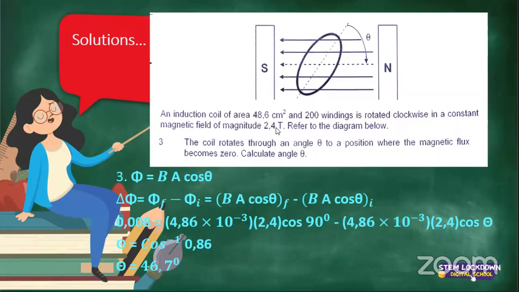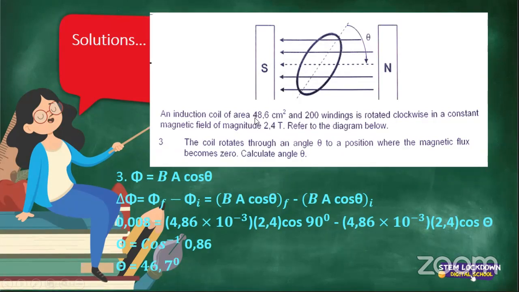So that will be how to do it, because one might be asking, you have 48,6 centimeters squared, why are we writing 4,86 times 10 to the power minus 3? The reason is simply that to convert from centimeters to meters, you divide by 100, but this is centimeters squared, so it's 100 squared, which is 10,000.